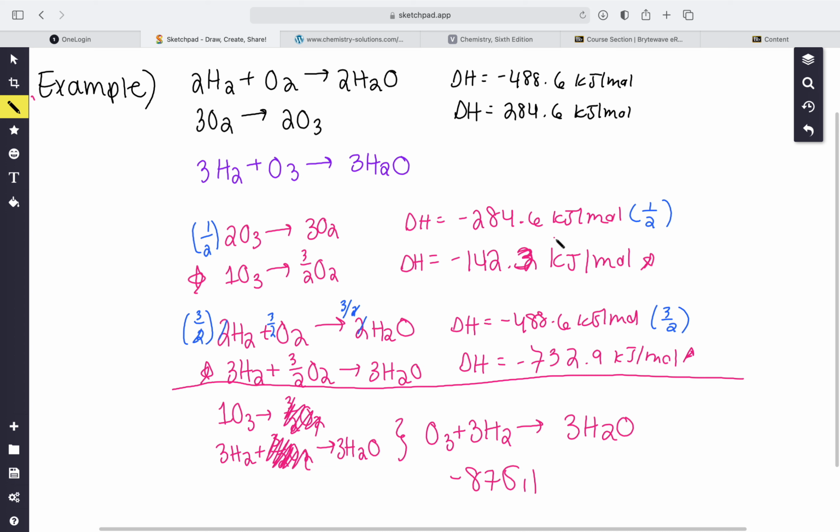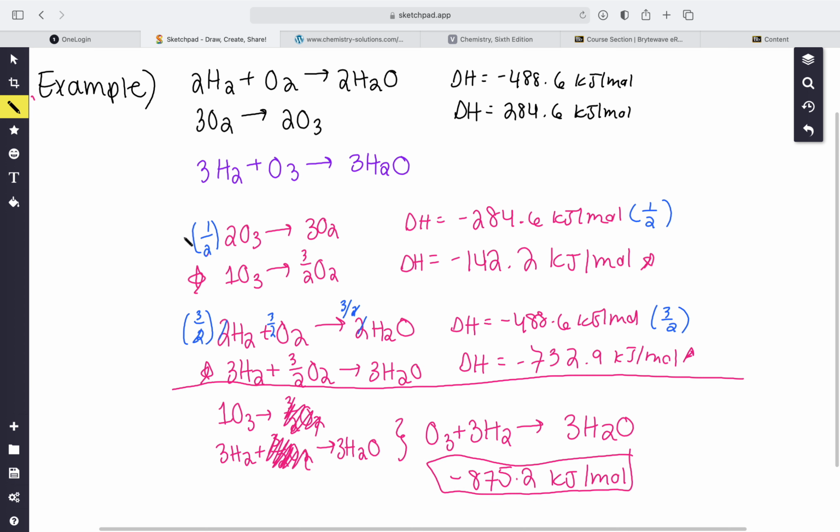So I'll do 142.3. Unless I did the question wrong the first time, and that's why it's off. Okay, I'm gonna assume that I did the question wrong the first time. But yeah, I got negative 875.2 kilojoules per mole. And that should be our answer there.